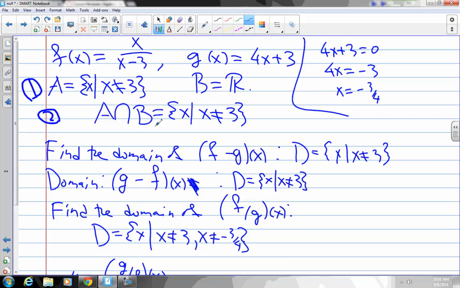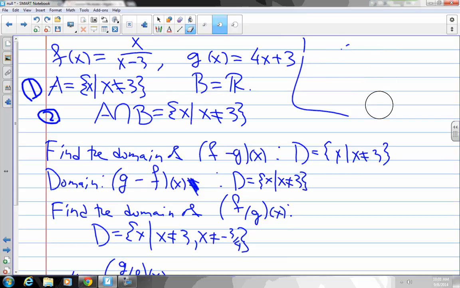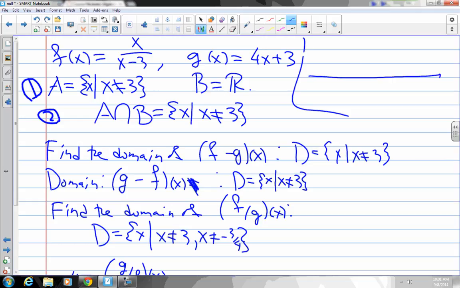Because if I try to do that with these two sets, everything but 3, so if this is 3, I need everything but 3, and then I need everything.